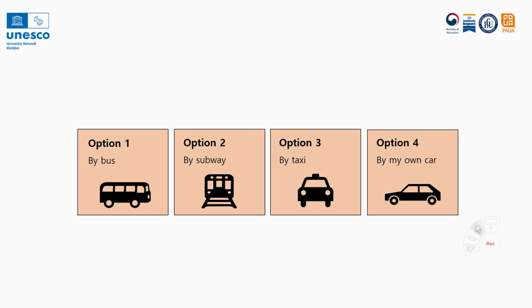One is taking a bus. Another option I may think of is going by subway, or taking a taxi, or I may drive my own car. There are a lot of different options.